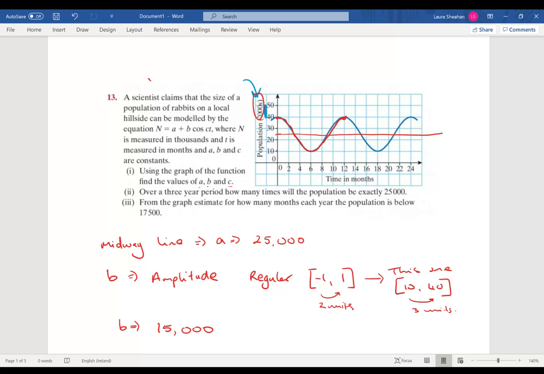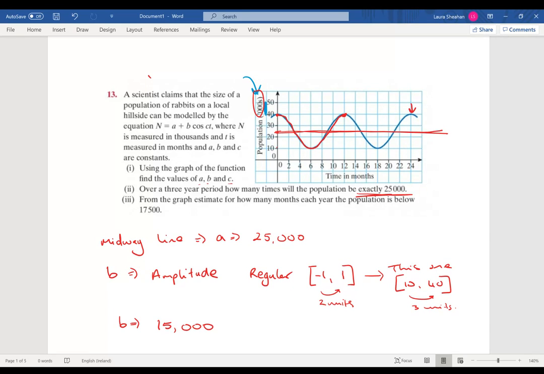Over a 3-year period, how many times will the population be exactly 25,000? So 25,000 is my midway line, so I actually already have it drawn in here. Now this is only over 2 years, so to this point here, it is 2 years. But remember, it's periodical, so it's the exact same all the time. So 1 year is to here.